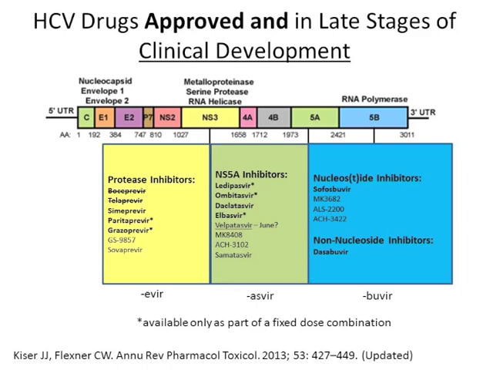So this is the hepatitis C genome, about 9,600 base pairs in length. It encodes for 10 proteins, some of them structural, others related to viral replication. And all of the approved medications and the ones that will be approved in the very near future target 3 proteins.